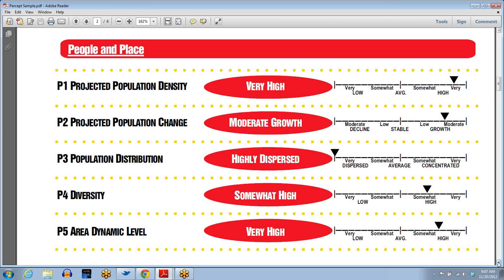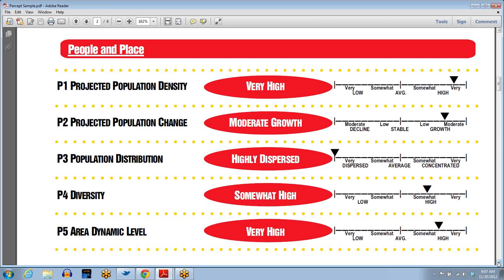It's not sprawled out. On population change, the growth is very moderate, actually a pretty moderate decline. It's going down. Then population distribution is highly dispersed instead of concentrated.